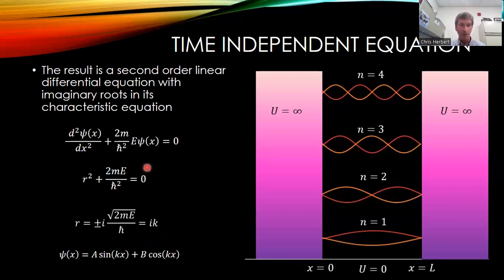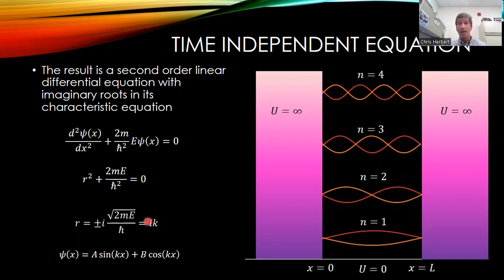But of course, when we look at this and we look at the roots, here's my original differential equation, put together, basically a characteristic equation that's going to tell us if the roots are real or imaginary, and they are imaginary.